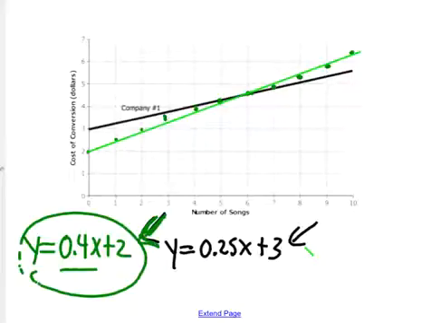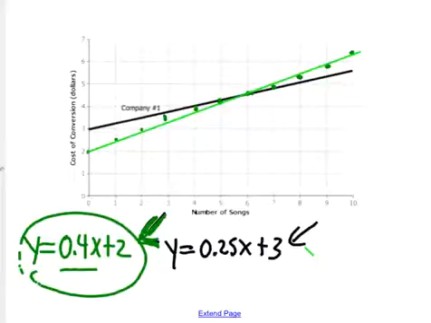So which of these two is the better deal? Well, I guess the answer to that is it depends. So you would have to look at your lines and decide. If I'm buying just one song, then the green line would be a better deal. But if I'm buying 10 songs, then the black line would be a better deal.